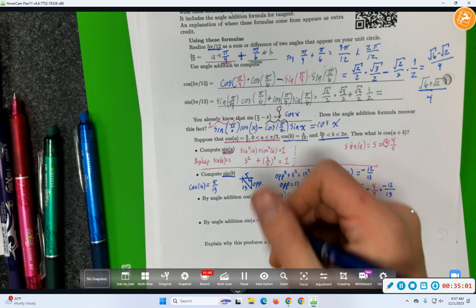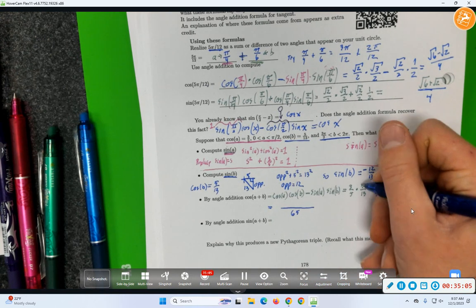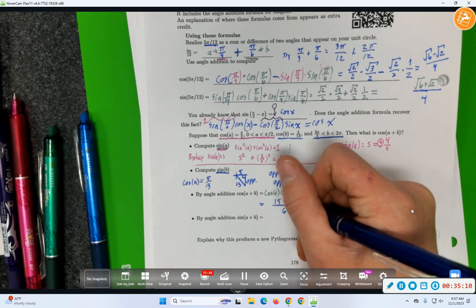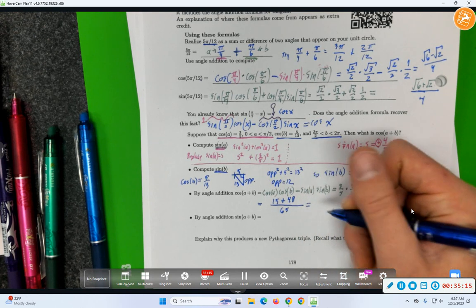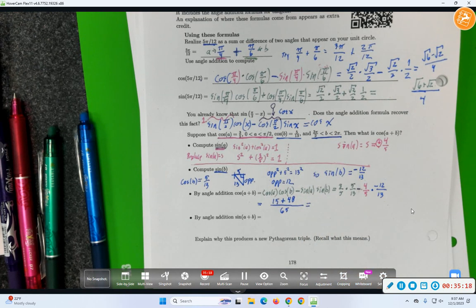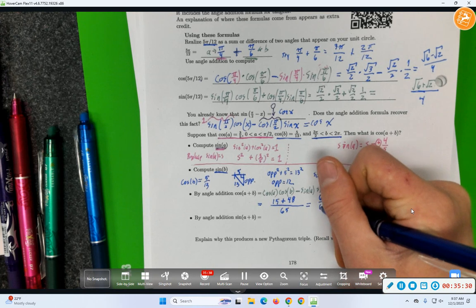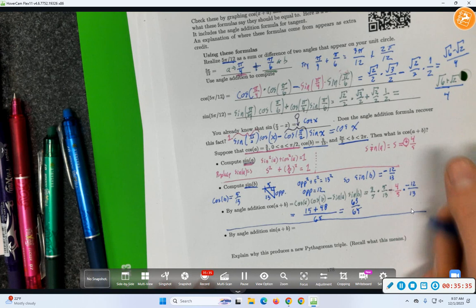So the denominator is 65. 3 times 5 is 15. Double negative becomes positive. 4 times 12 is 48. The numbers are getting big, but not huge. If you need to bust out a calculator, do it. But I think that's 63 over 65. Awesome.